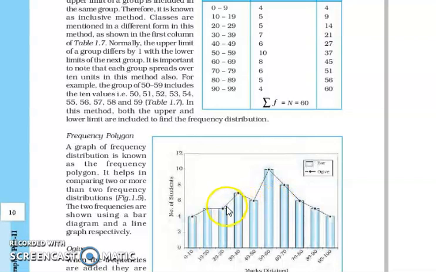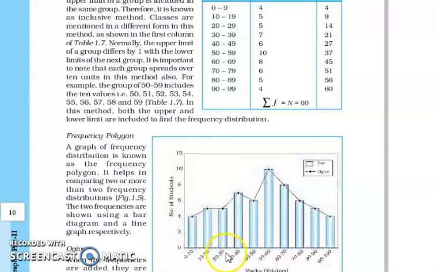What is the importance of the frequency polygon? With the help of the frequency polygon we can compare the data. Suppose I give you this data and this diagram, by seeing the diagram only you can easily understand the matter. You can easily understand how many students are there between 0 to 10. Suppose 4 students are there.